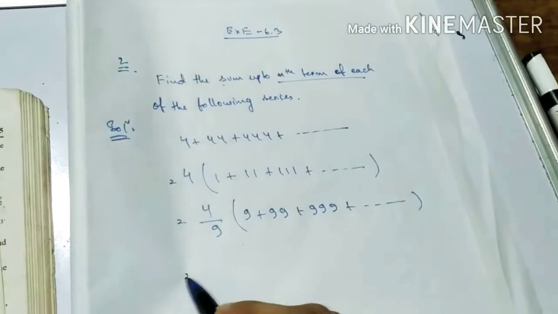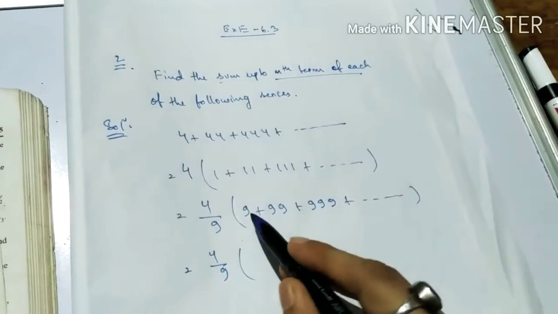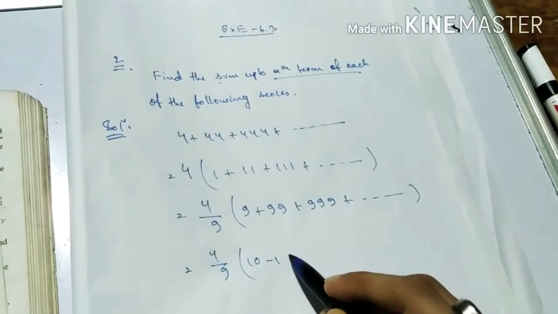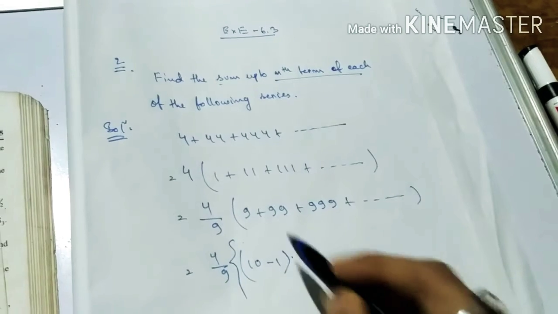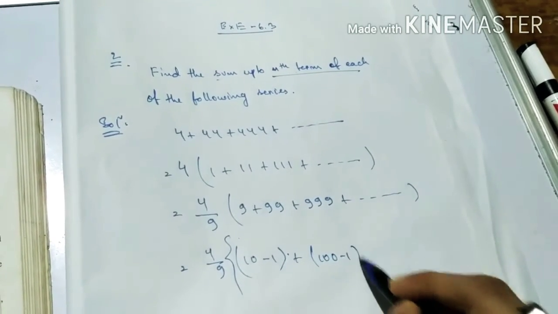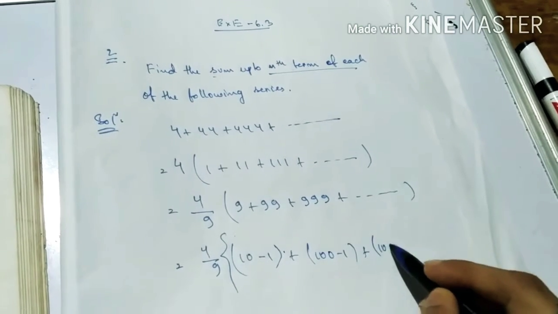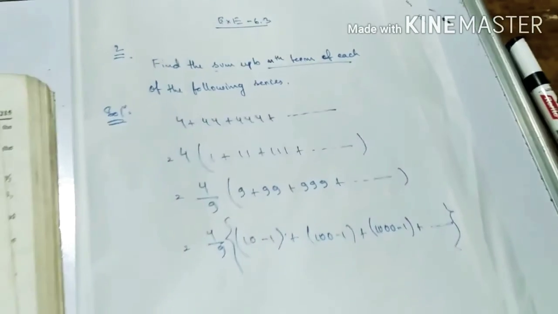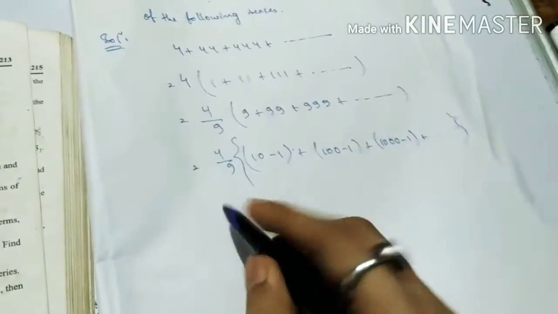Now 4 by 9, and this 9 I can write as 10 minus 1. This 99 I can write as 100 minus 1. This 999 I can write as 1000 minus 1, plus dot dot dot. Look very carefully.